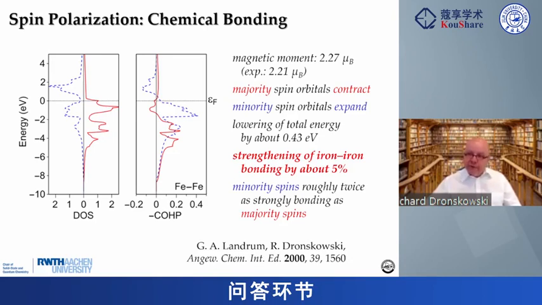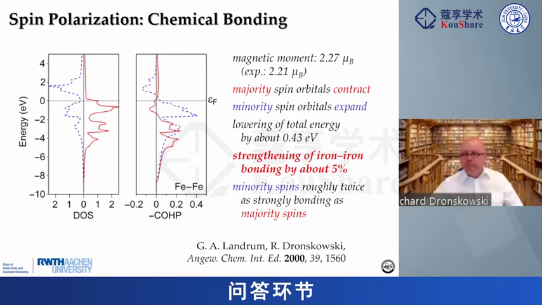For antiferromagnets such as chromium, the Fermi level directly hits the non-bonding levels. So this is a different phenomenon. With this theory, you can cover both ferromagnets as well as antiferromagnets. Okay, thank you very much.